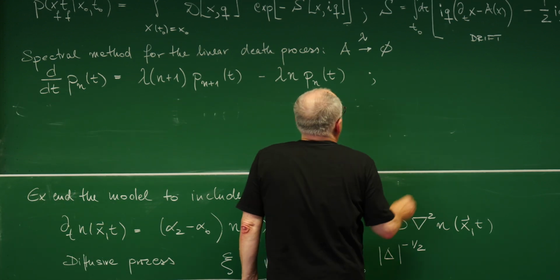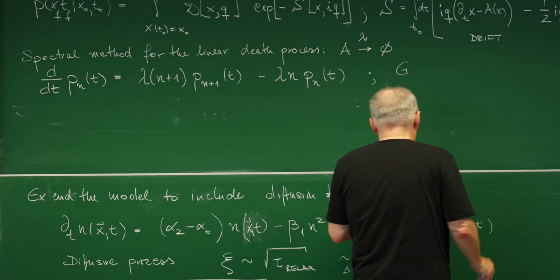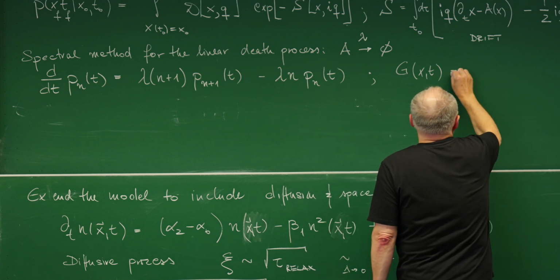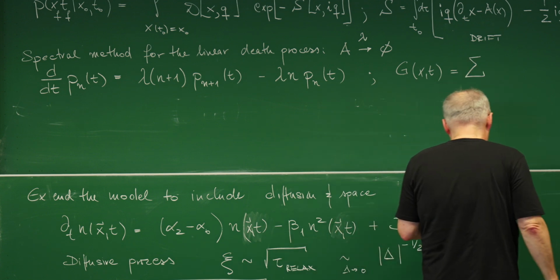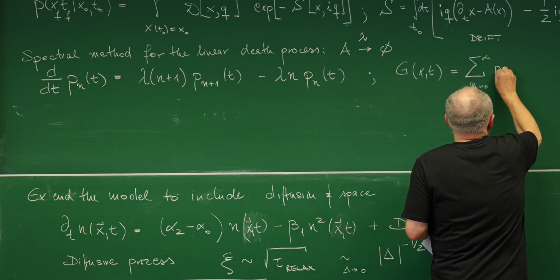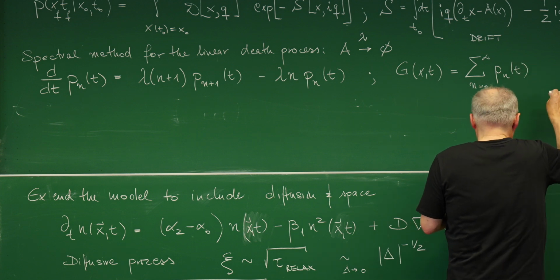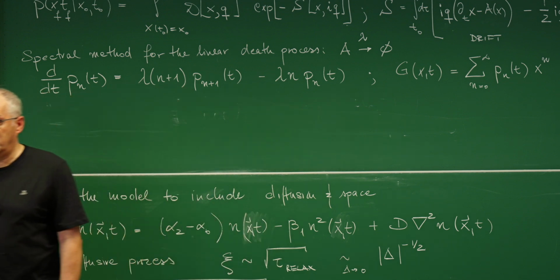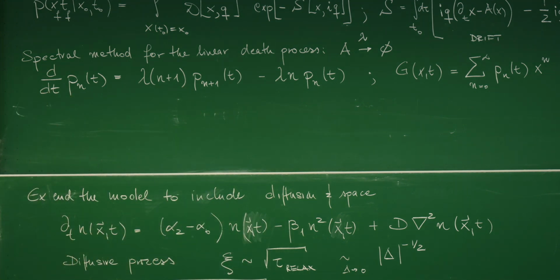Okay? Now, I guess we have studied versions of that in the early exercises, but let me define now a generating function which is g of x and t equals the sum of p of n and t x to the n. Okay. And we know what those objects are. You can generate probabilities once you know that generating function, because the probabilities are the Taylor coefficients of the generating function g of x and t.